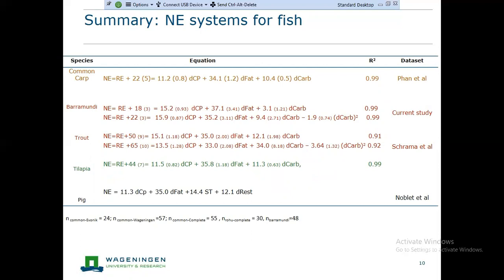And this is the whole picture for the net energy approach so far. You see that the variation in the energy utilization efficiency of digested fat is quite similar among species: common carp, carnivorous barramundi, trout, or even tilapia, and also similar to pig.